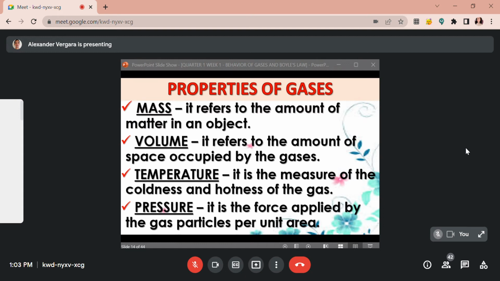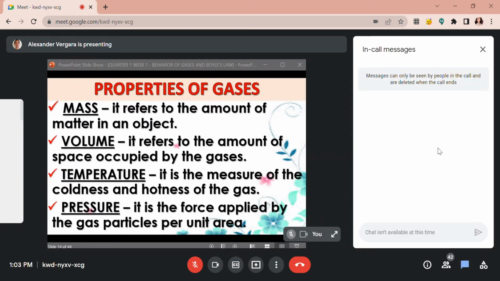What else? We have pounds per square inch.